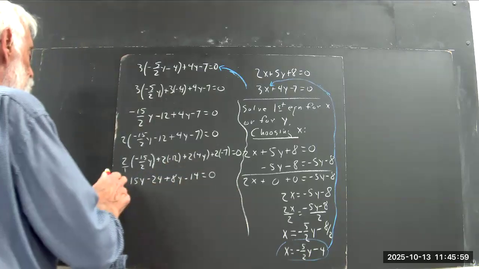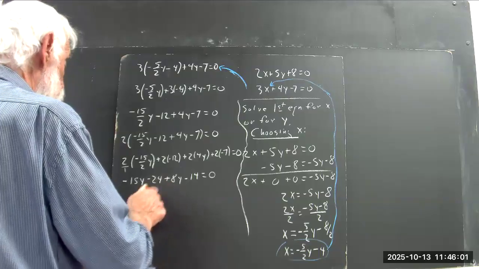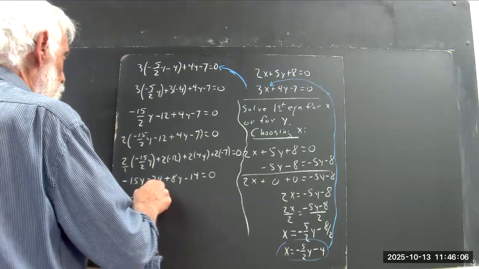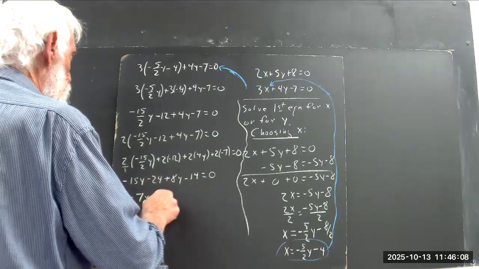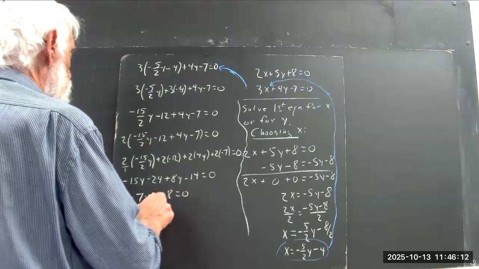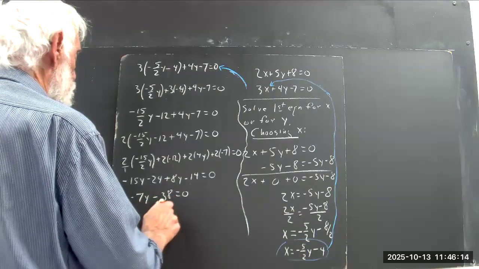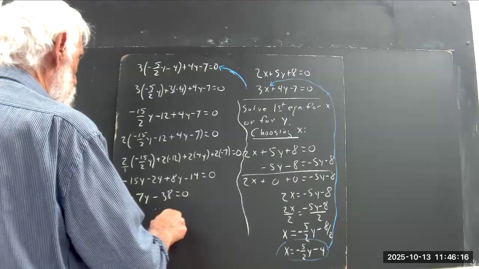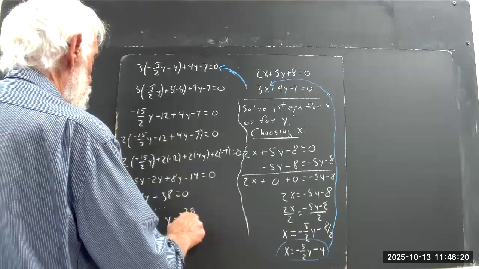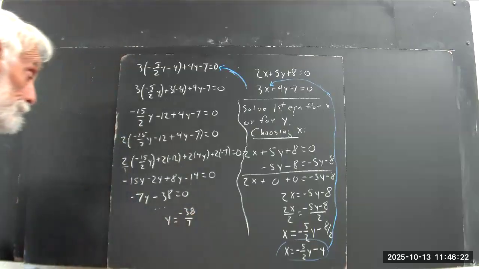I simplify, negative 15y plus 8y is negative 7y. This is minus 38 equals 0. I'm not going to belabor the remaining points. I'm going to end up with y equals negative 38 over 7.